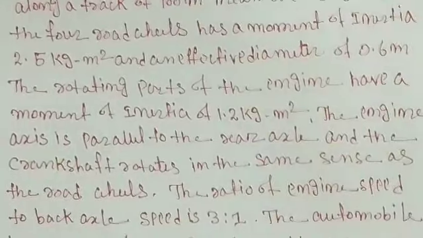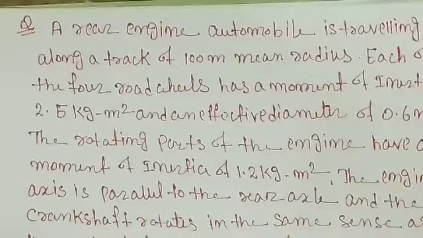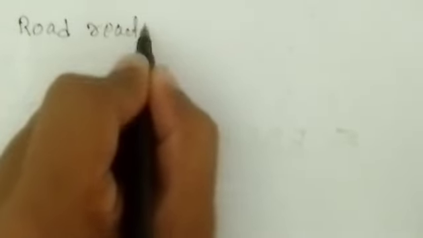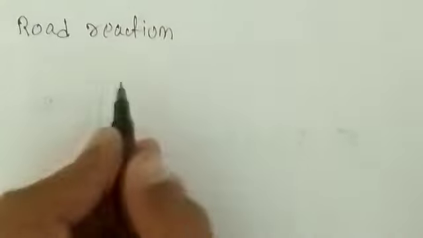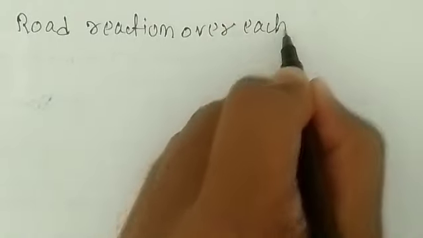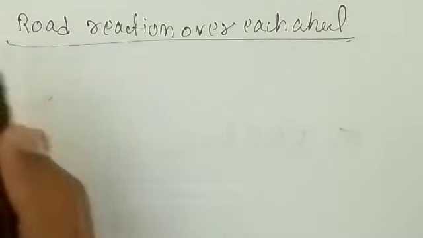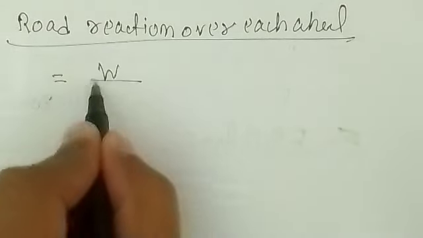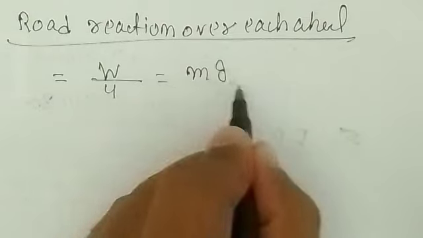Based on that, you first need to find the gyroscopic couple due to the wheel and engine. Before that, we will find the road reaction. The road reaction over each wheel is W/4, that is, mass times gravity divided by 4.